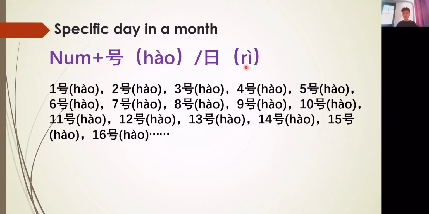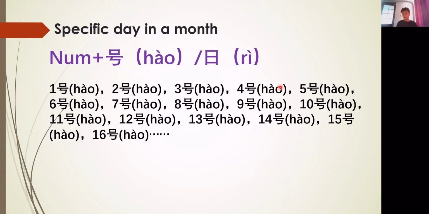They are the same. So for example, the first day of the month, we say 1号. The second day of the month is 2号. The third day is 3号. 4号.